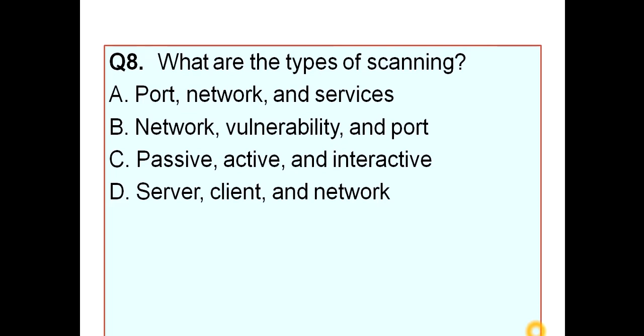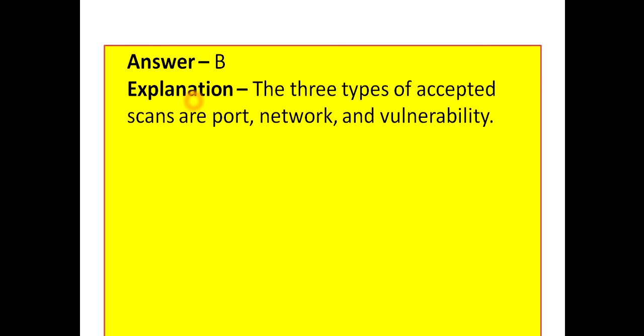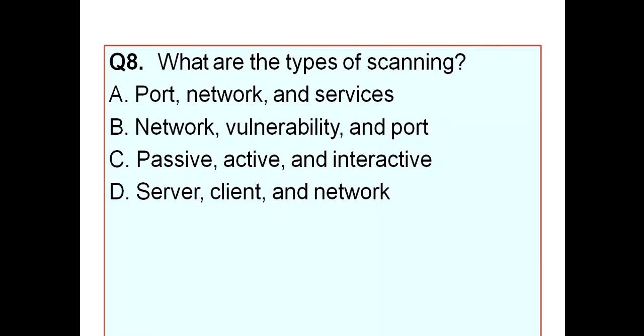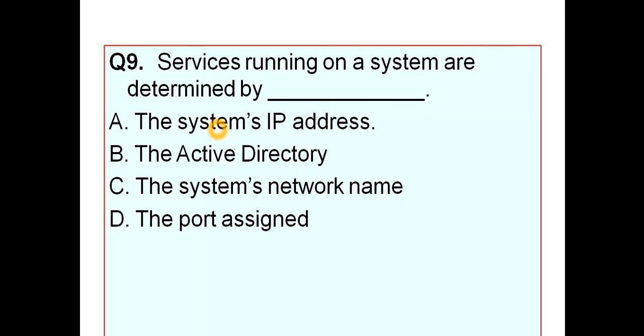Starting from question number 8, the last question I asked: what are the types of scanning? You have seen that the three types of accepted scans are port, network, and vulnerability, and that belongs to option B. Now, today's questions start from number 9: services running on a system are determined by, fill in the blank.